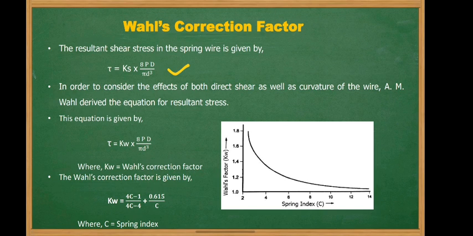In this equation we are using one factor, Ks, which is the shear stress correction factor, calculated by the equation 1 plus 1 upon 2C. This equation is used when the effect of curvature is not considered.